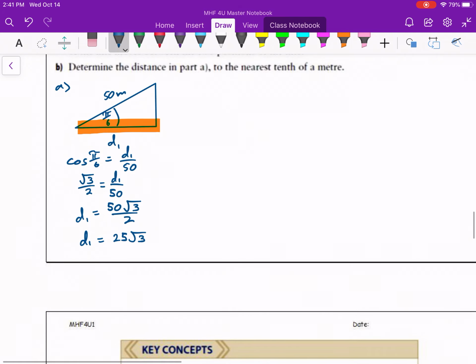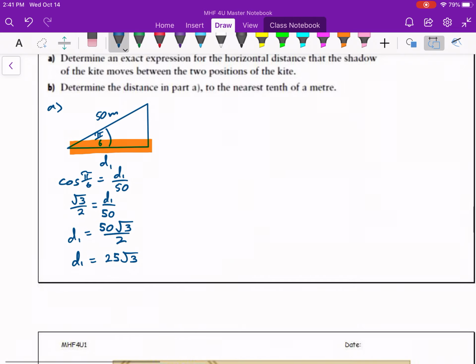If I do the same thing for the other triangle, once the kite has flown higher, now we've got pi over 3 as our angle. You can see that the distance, the shadow's gotten shorter. The kite string's still 50 meters. Let's call this D2.